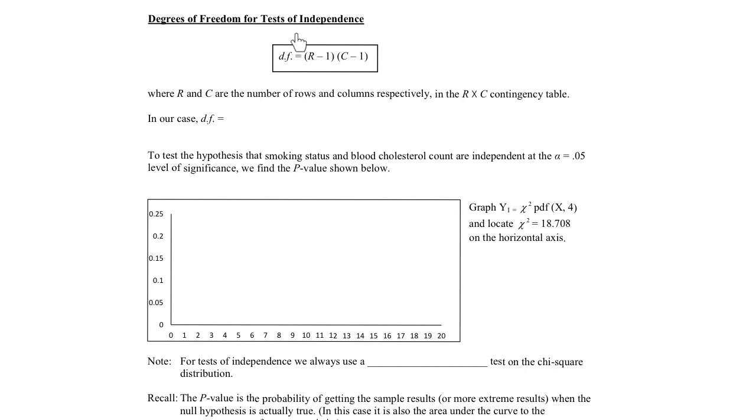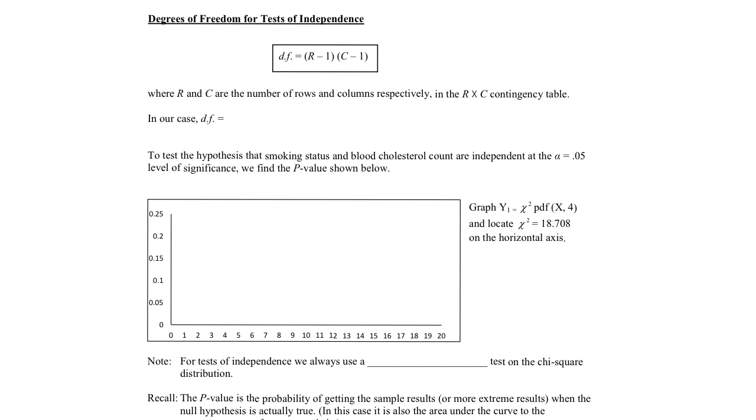For a test of independence there will always be a table, so there are always going to be two variables, each with this n-1 look. So you have r-1 times c-1, row minus 1, column minus 1.